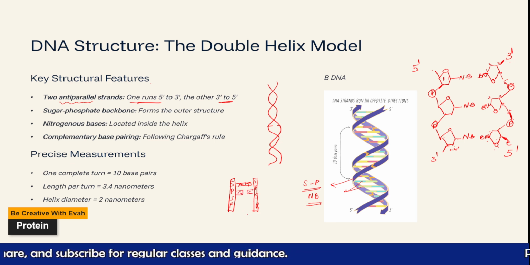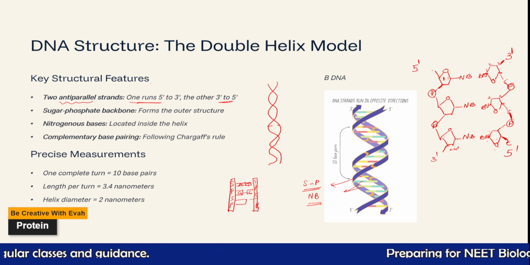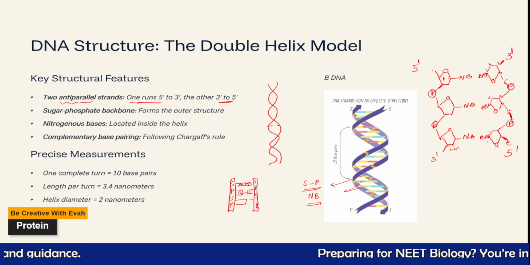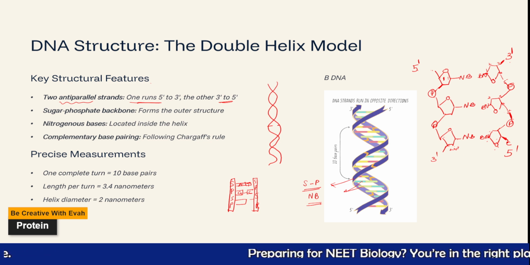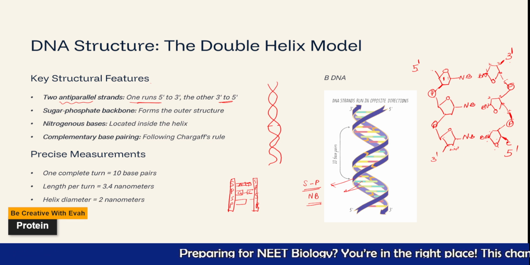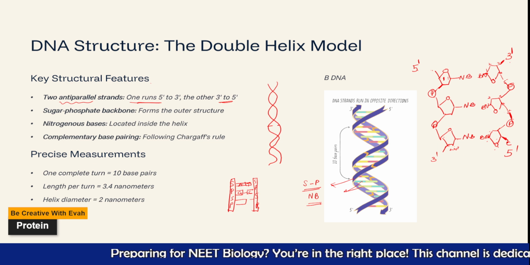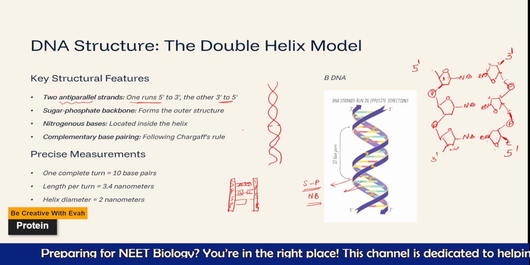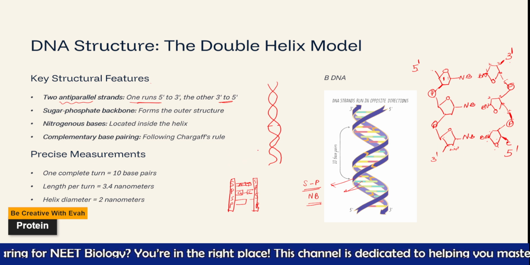Like this. From the previous class, do you remember adenine pairs with thymine? How many bonds? There are 2 bonds, right? What is the name of the bond? The name of the bond is hydrogen bond.